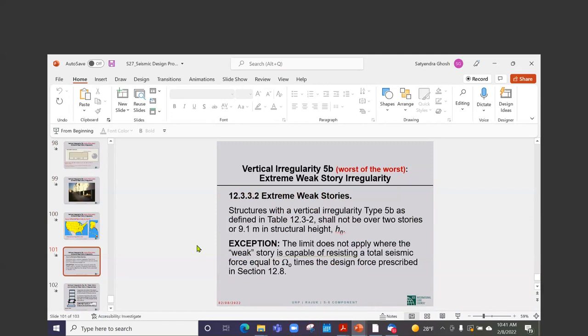The answer is, if your architect must have a taller building that has irregularity type 5, then you have to take advantage of this exception. You have to make the weak story strong enough to resist omega sub 0 times the design force. The way out is provided to you in that exception.